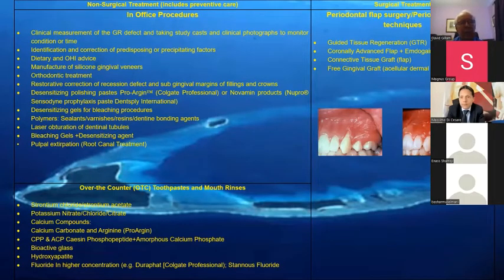The use of photographs, clinical measurements, and casts to chart the progression is key. And also there's the over-the-counter toothpaste and mouth rinses. There's a number there, and also obviously the treatment.